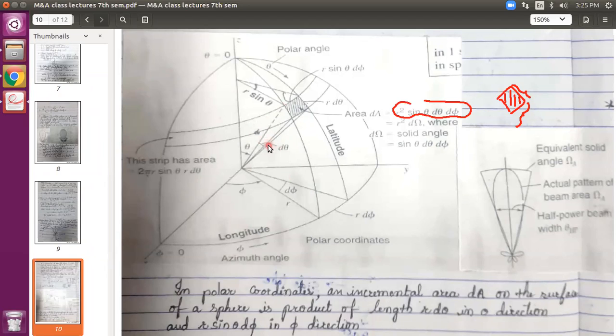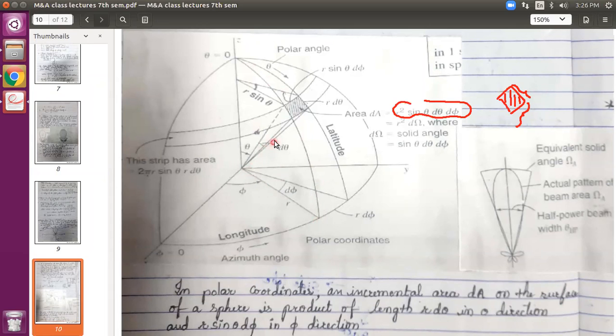This is your d theta, and if you see this distance, see here below, this is the distance r for a sphere, the radius. The sphere's radius is r from the center point till the edge. It is just projected here. From the center point, keeping it a point here, it is just a projection.